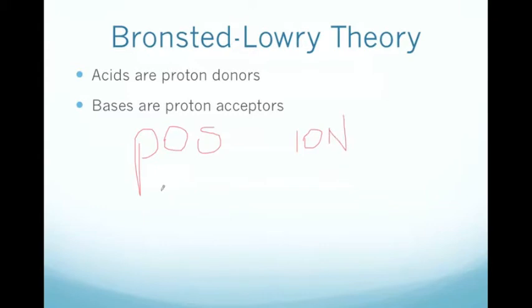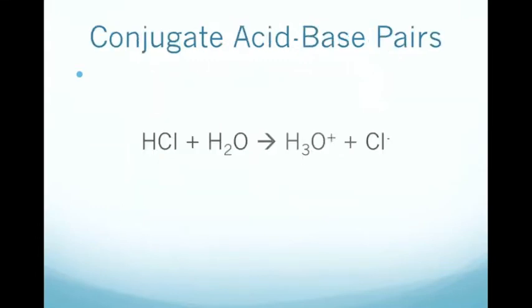So when we're talking about protons, we're talking about H+. And so you're looking at the movement of your protons in your reaction. Acids are going to be things that donate protons, that give off their protons because they have extra. Bases are things that are going to be accepting protons because they want more protons.